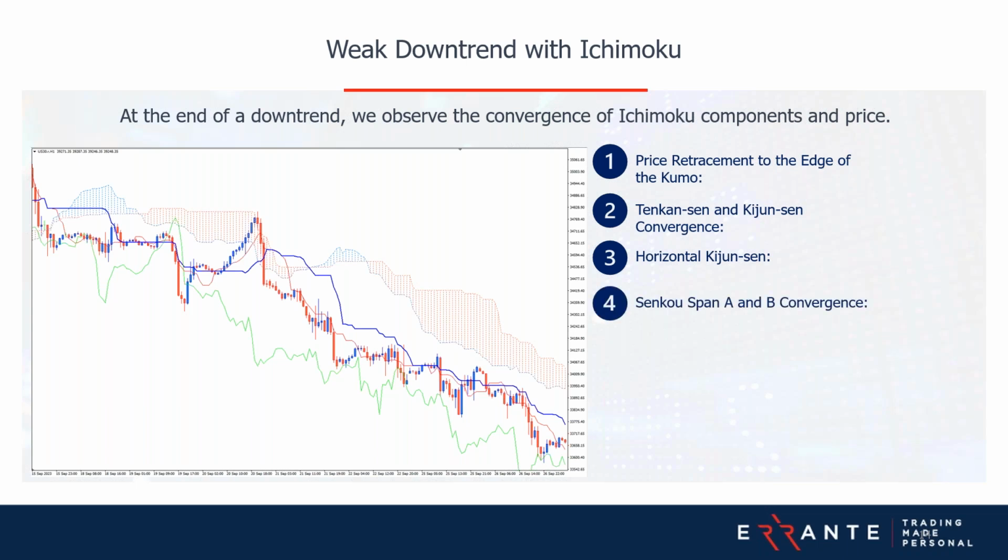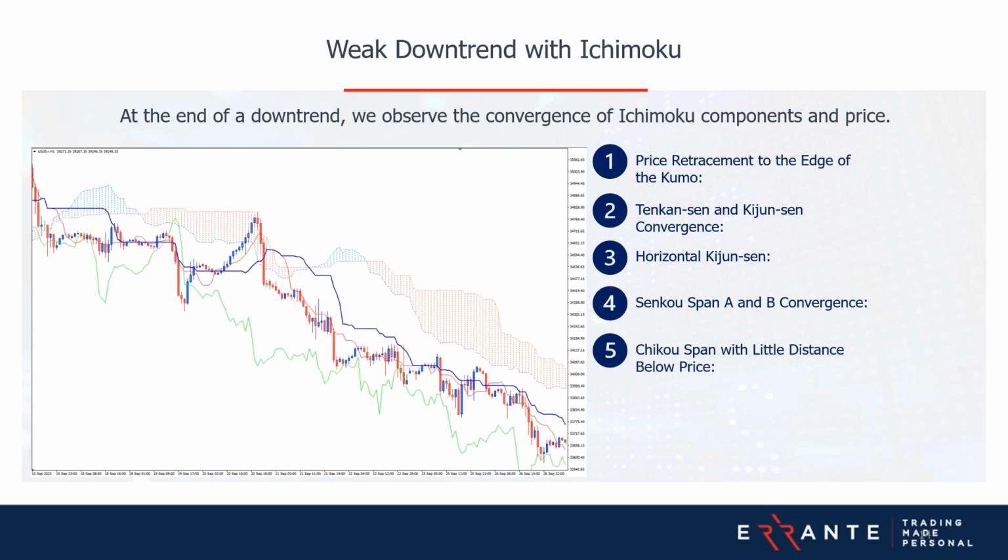And then the situation of the Senkou spans, which is very important. The Kumo's thickness represents volatility and the strength of support or resistance in the market. When Senkou span A and B converge, it narrows the Kumo, suggesting reduced bearish sentiment and potentially weakening trend strength.